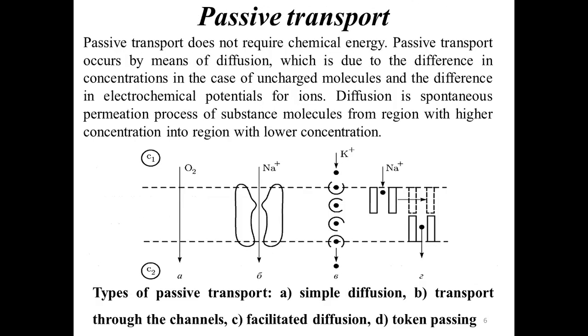As we consider the transport function of membrane, first we should consider passive transport, which does not require any external chemical energy. Passive transport occurs due to diffusion, which is caused by the difference in concentration in the case of non-charged molecules and by the difference in electrochemical potential for ions.